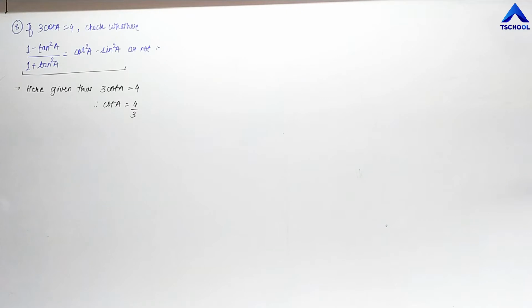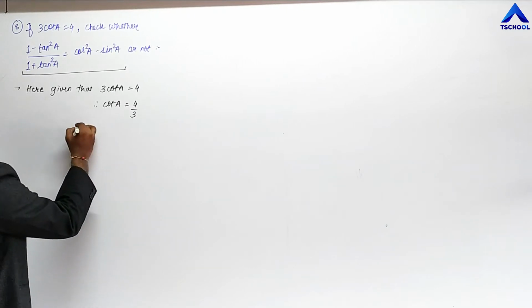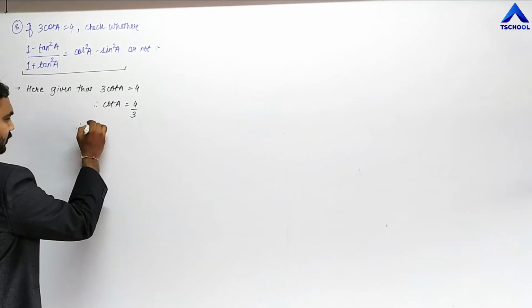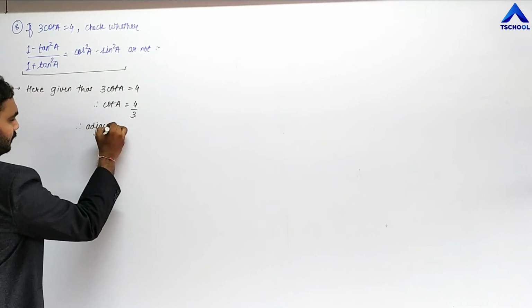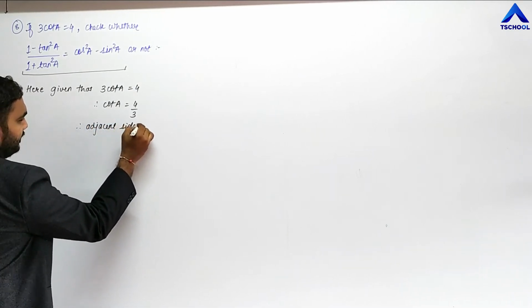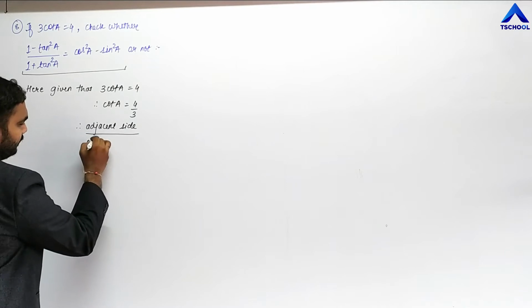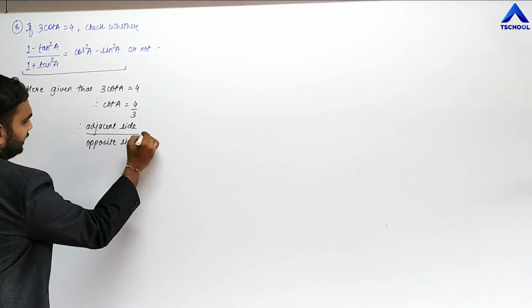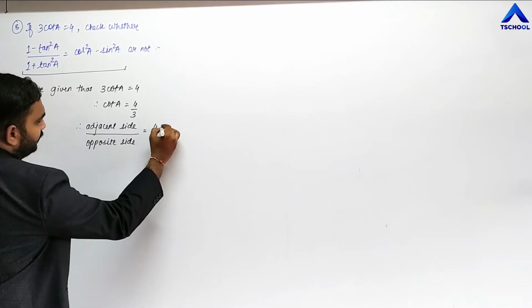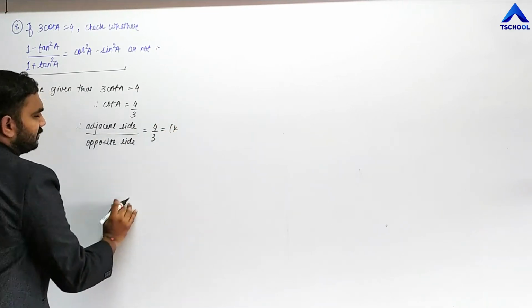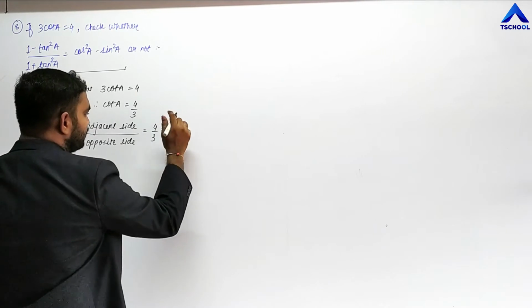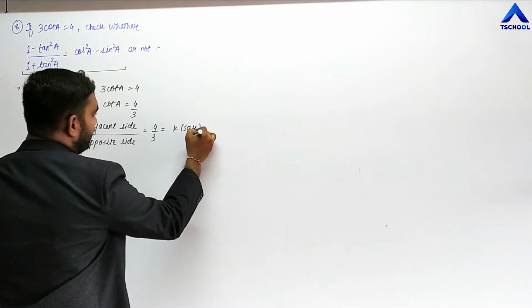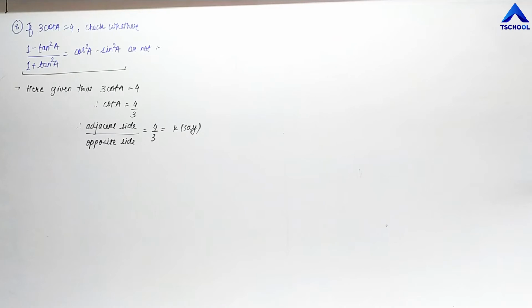The ratio for cot A is adjacent side to angle A upon opposite side to angle A. Therefore, adjacent side divided by opposite side is equals to 4 upon 3 is equals to K. Let us assume that this ratio is equals to K.